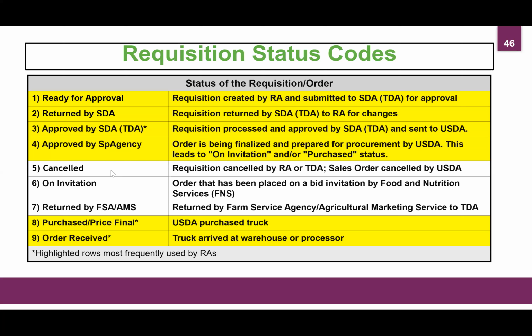They also have canceled on invitation, returned by Foreign Service Agency or Agriculture Marketing Service to TDA. And then 8 and 9 are the ones that we want to see. 8 is purchase price, and it's final. It has a USDA purchase truck. And then 9, knowing that the order has been received, the truck is going to arrive at the warehouse or the processor. So those are the codes that we want to look for.